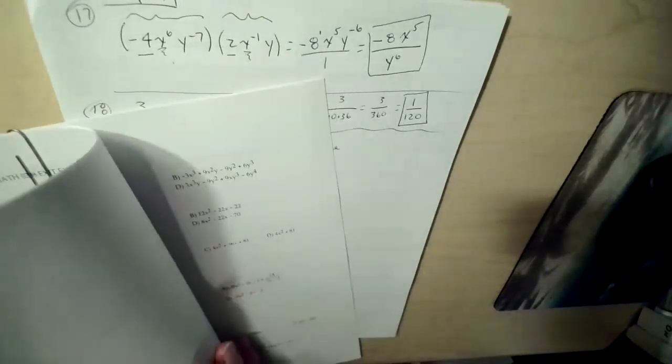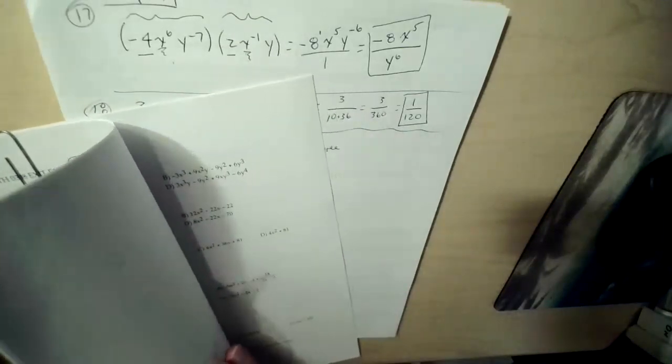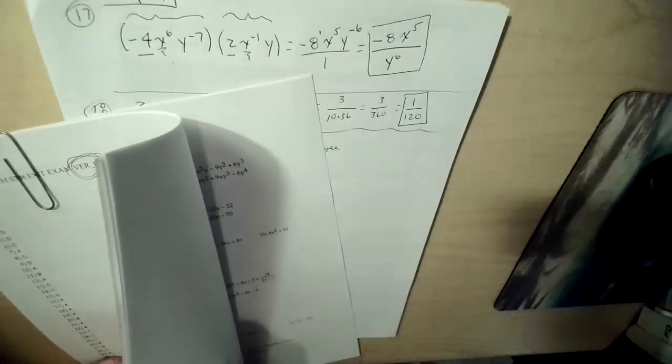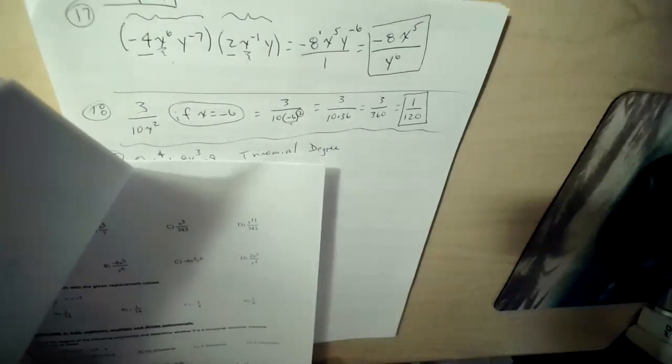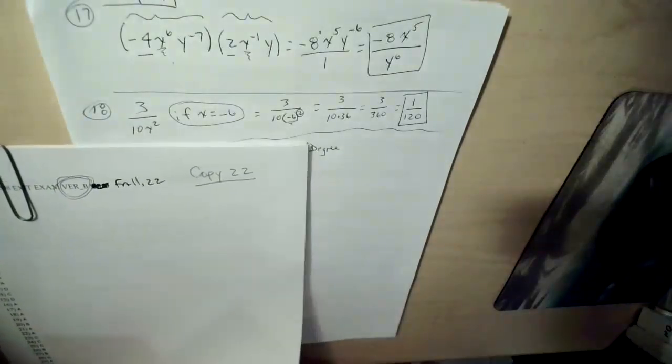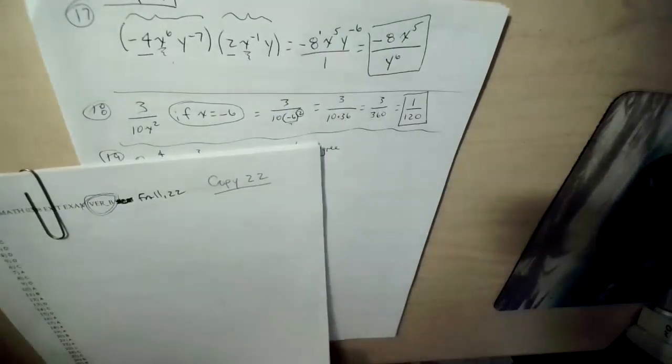I'm sorry, number 19. Find the degree of the following polynomial, determine whether it's a monomial, and so on. Okay, 19 is A.